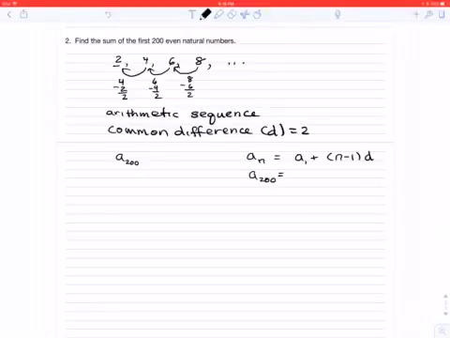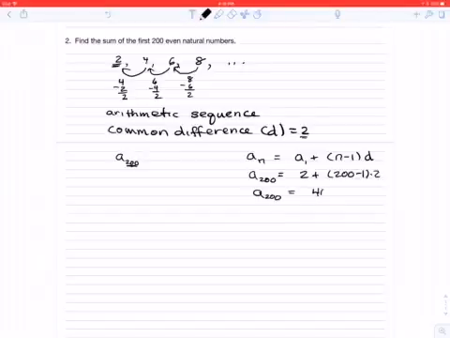The first term of our sequence was 2. If you're looking for the 200th term, there are 200 terms in our sequence, minus 1, and the common difference we just said was 2. So the 200th term is 400.